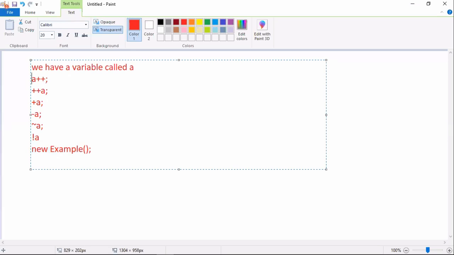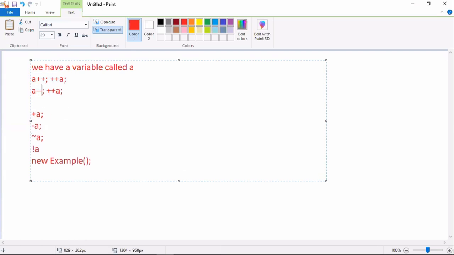So now tell me, how many operators are there in total as unary? One, plus plus and minus minus: a plus plus, plus plus a, a minus minus, minus minus a, the increment operator and decrement operator.